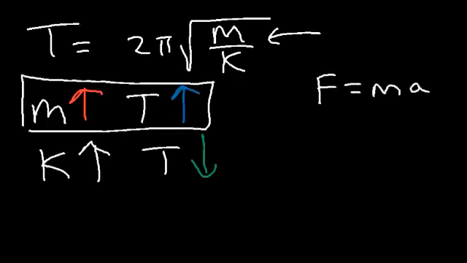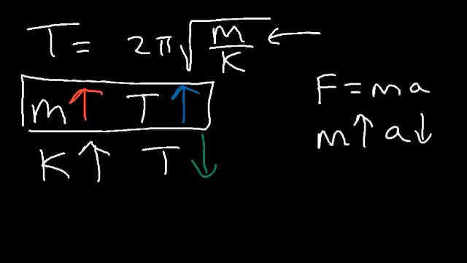If the force is constant, whenever you increase the mass, the acceleration will decrease. So if it has a lower acceleration, it's going to move more slowly. And therefore, an object that moves slowly takes a longer time to get to its destination. Therefore, as you increase the mass, the period increases. Since the object is heavier, it's going to take a longer time to move back and forth. And so that's why the period increases.